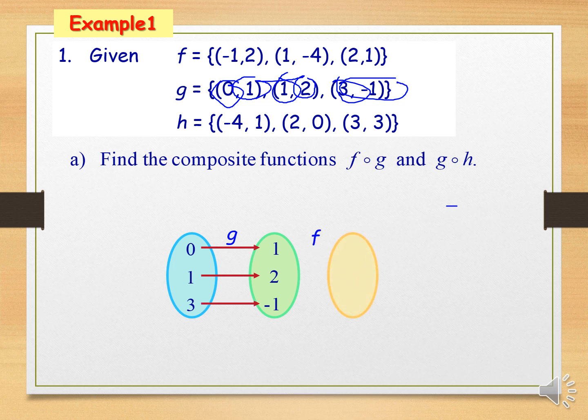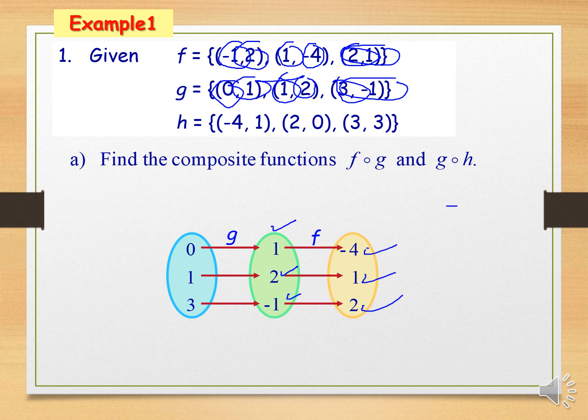And if we have another function f with domain -1, 1, 2, which is the output for function g, the range of function f is 2, -4, 1, and this is the output for function f.